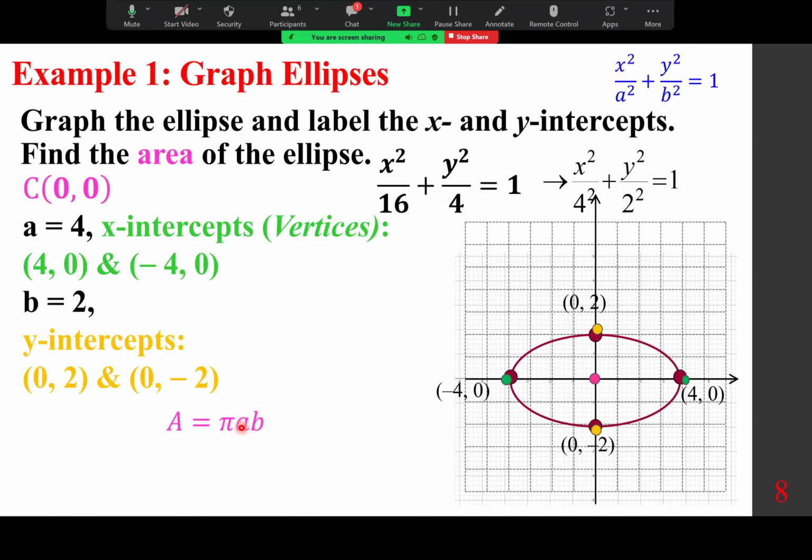Please understand, when A is equal to B, we have a circle and we call it R. So just quickly, if A equals B, we have a circle, everybody. So pi times R squared, now pi times A times B. So pi times 4 times 2 is 8 pi. That's how you calculate.